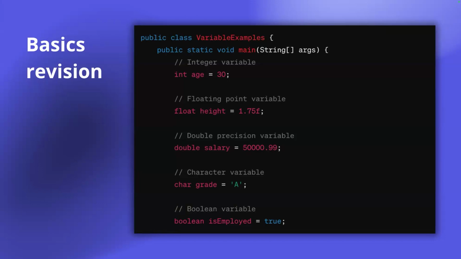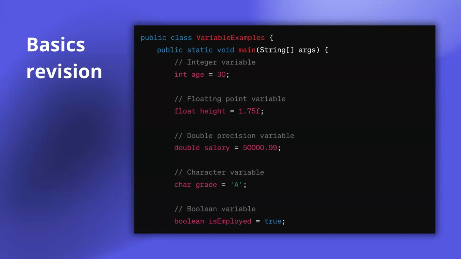Should I explain what float means? Yeah, it would be great. The difference between float, double, char, boolean. Okay. So an integer variable can store only integer values. Float values should have an f added after the value.